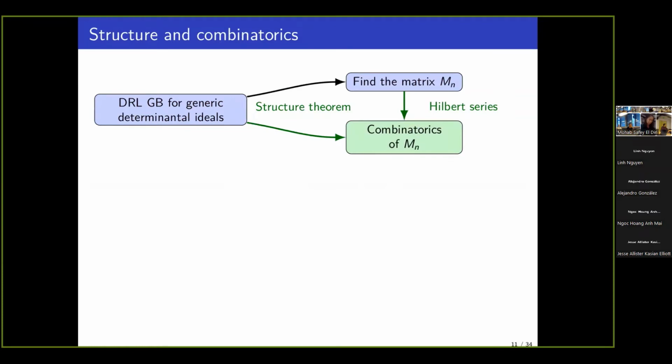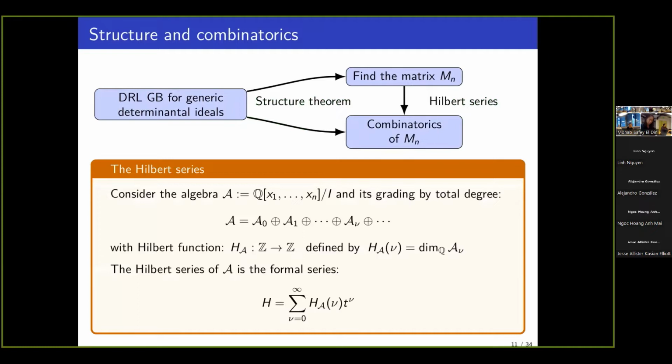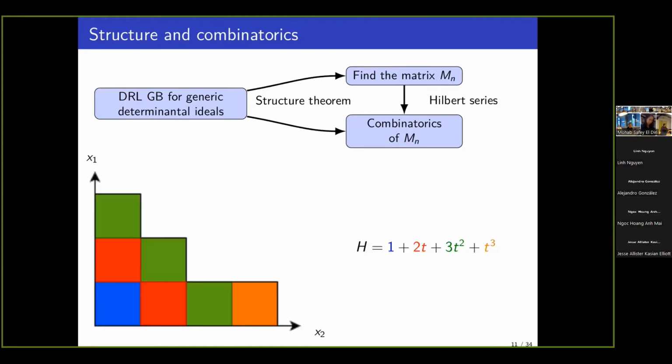Just as a reminder of what the Hilbert series is, we look at the algebra and its grading by total degree. Then in the Hilbert series, each term is t to some power, and the coefficient of that term is the dimension of that term in the grading. The Hilbert series is very closely related to the monomial basis of the quotient algebra you get when you're looking at graded term orderings.